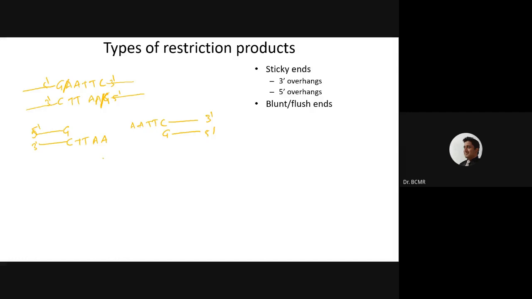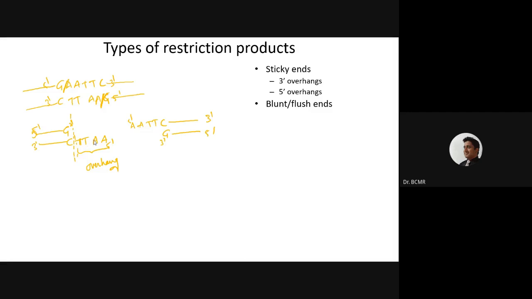So the ends of this one, this end would be 3 prime, this end would be 5 prime, this is 3, and this is 5 prime. So this region here is referred to as the overhang, because this part is an extra single-stranded region that is there.